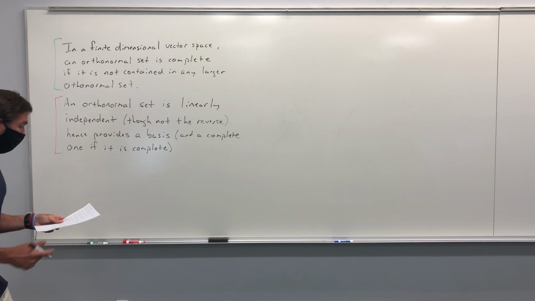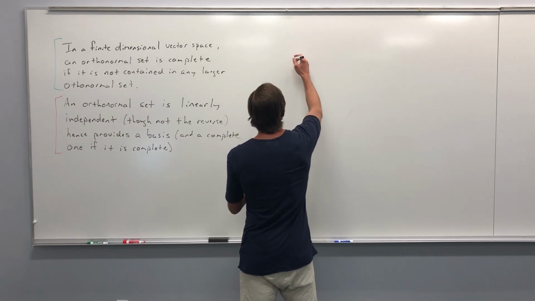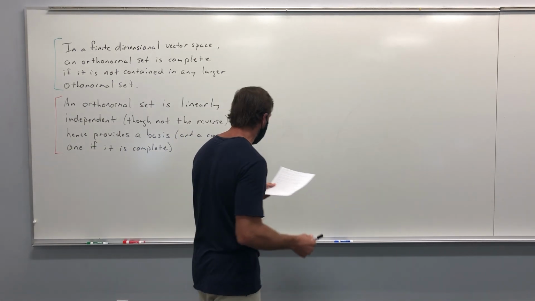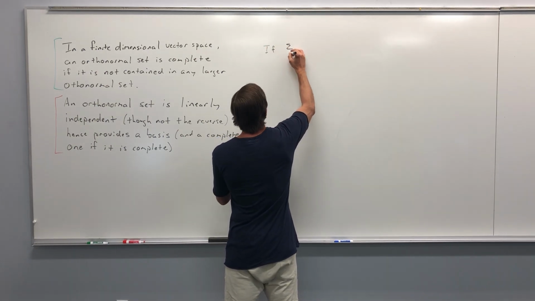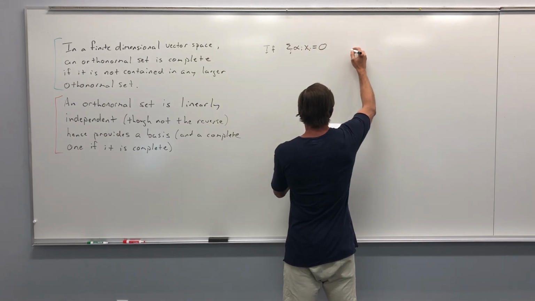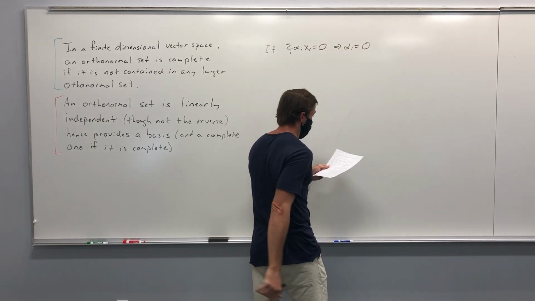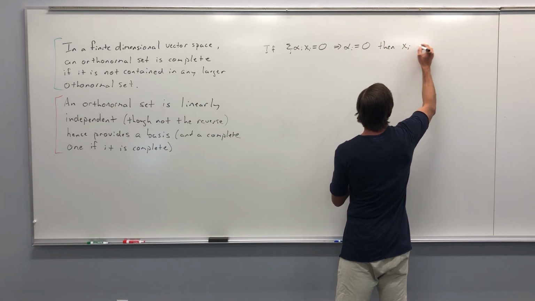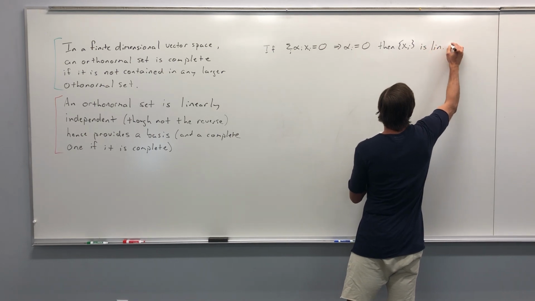Okay. Let's just check out a quick proof. Recall how we stated whether a set of vectors is linearly independent or not. If the sum over i of alpha i xi equals 0 implies that all of the coefficients are 0, then the set of xi is linearly independent.